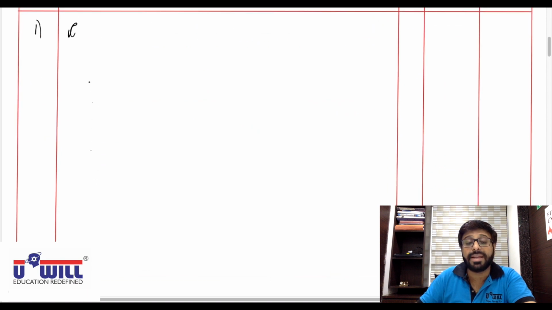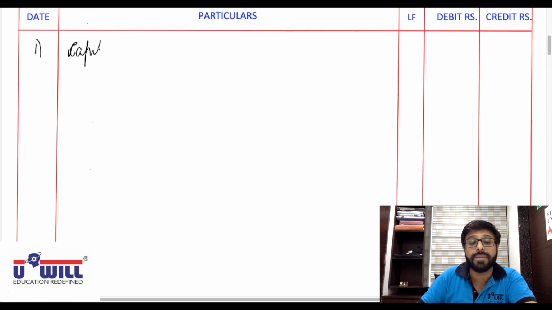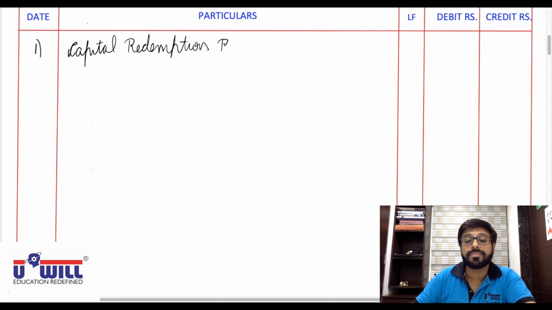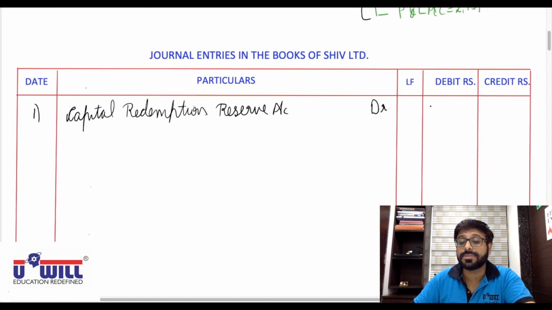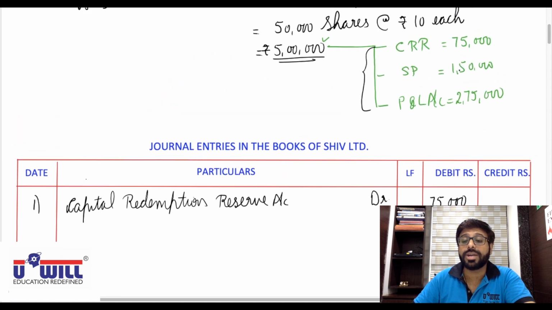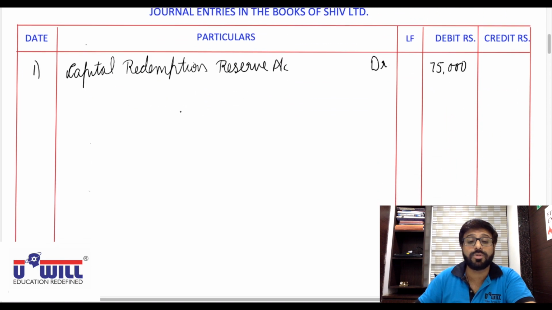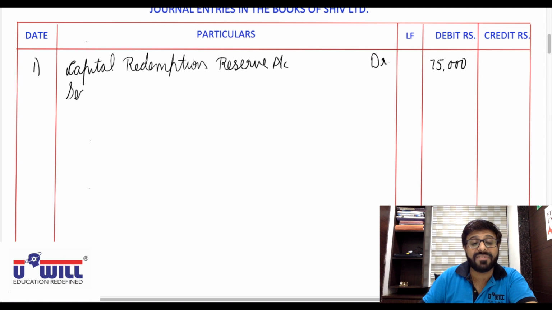Okay, so capital redemption reserve account debit with what amount? 75,000. Then security premium as the second reserve, we have to use with what amount? 1,50,000.